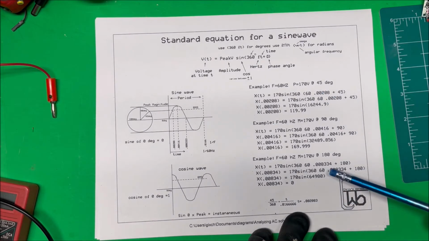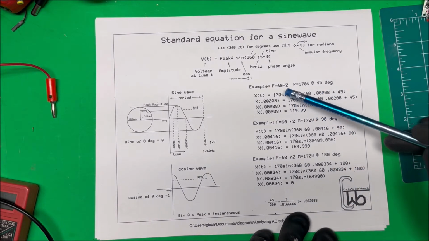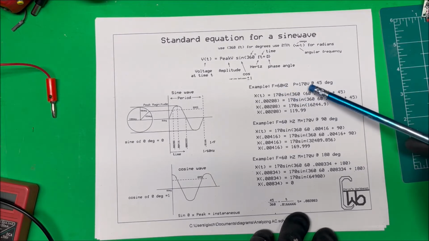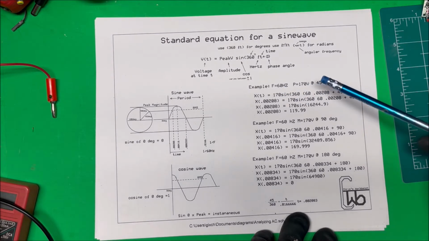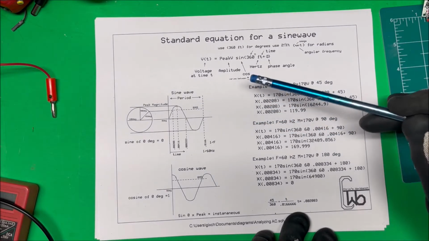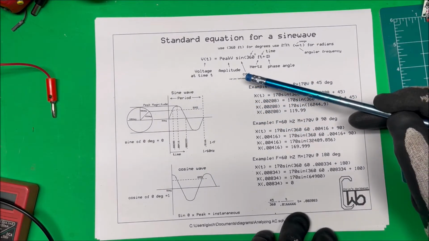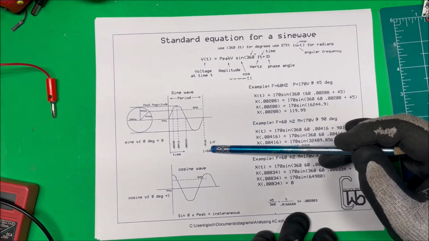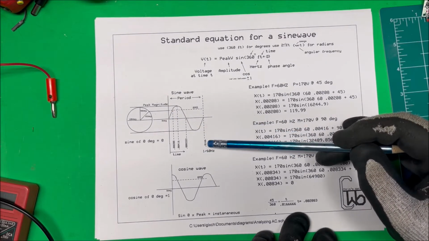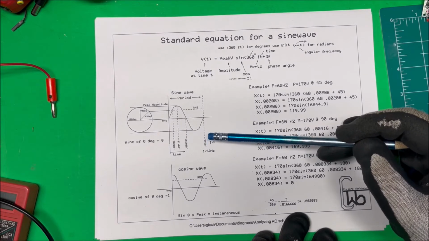So I've got some examples here. The first one is at 60 hertz, 170 volt peak, and at 45 degrees. Now 45 degrees happens to be our RMS value, so we'll calculate our RMS value here. The period is 1 divided by 60, so it's 0.0166 seconds.